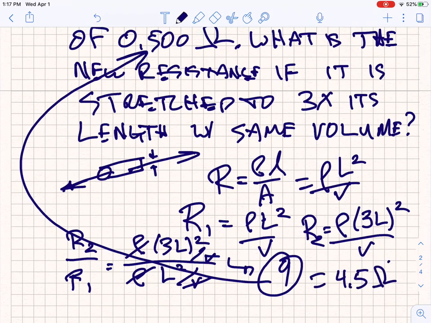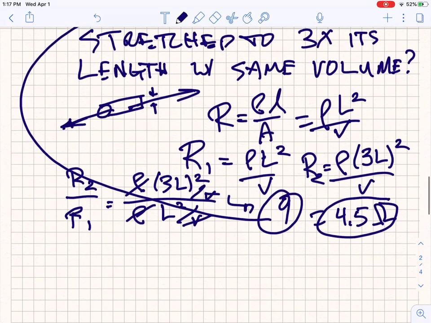Now, here's where this actually plays out, because electrical engineers can take advantage of this. So if they know within a particular circuit they need a resistor of a particular ohmage, they can take advantage of this equation.